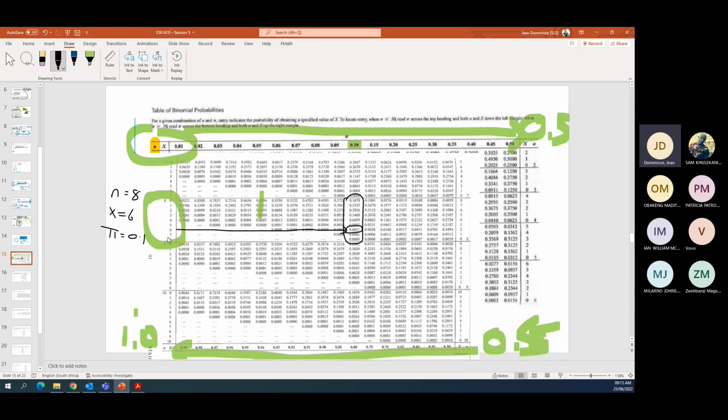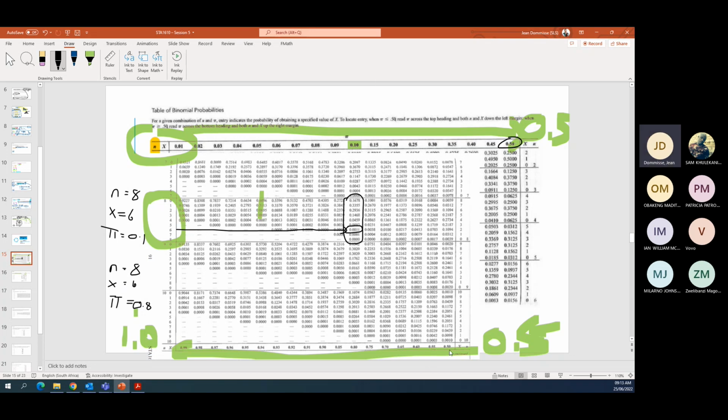Now suddenly we get where n is equal to 8. Let's say x is still 6 that we need to find, but we work with pi equal to 0.8. Now we sit at the top one and it ends there.